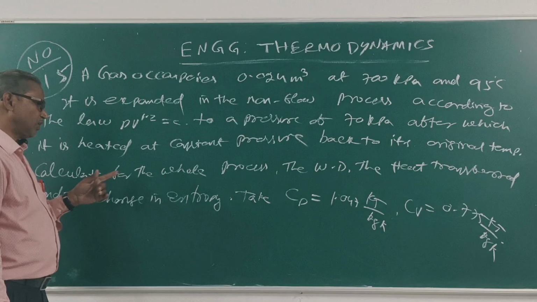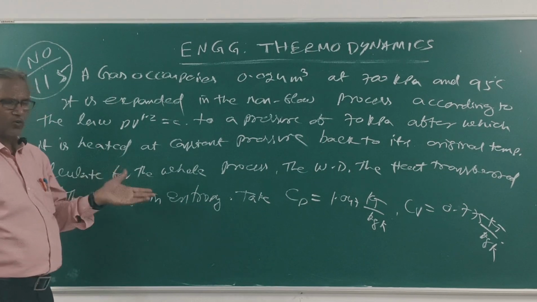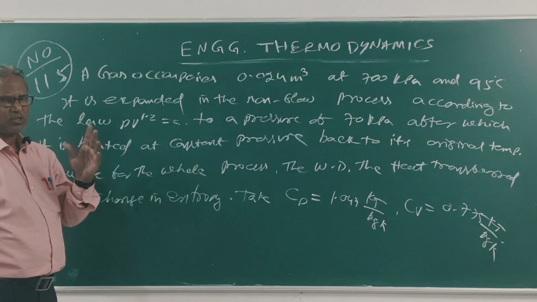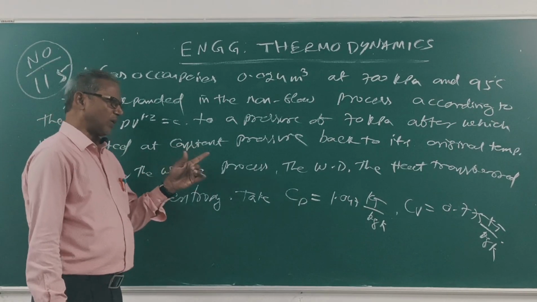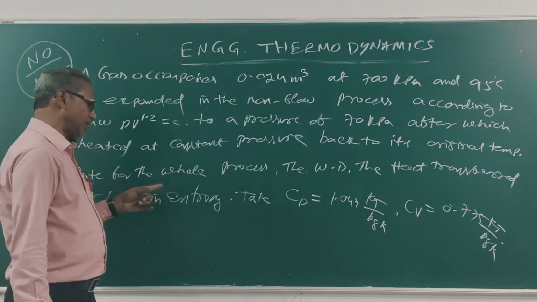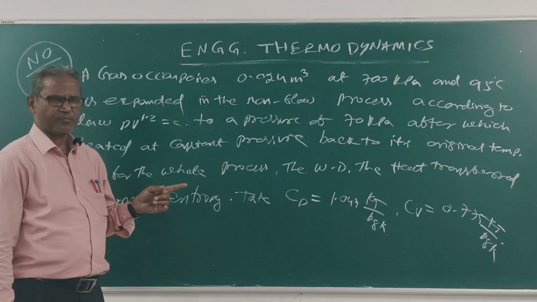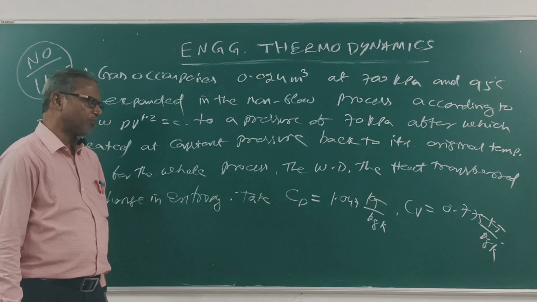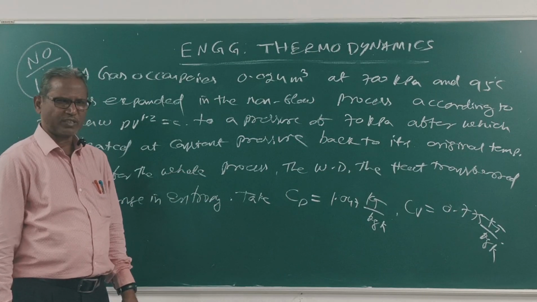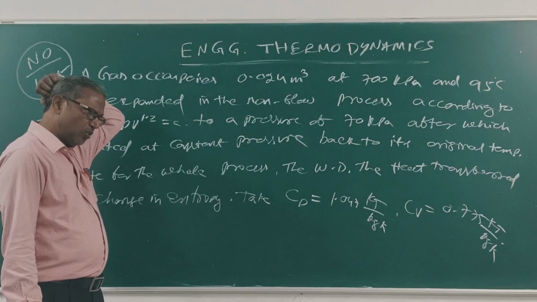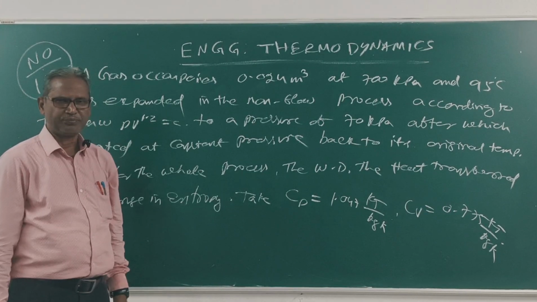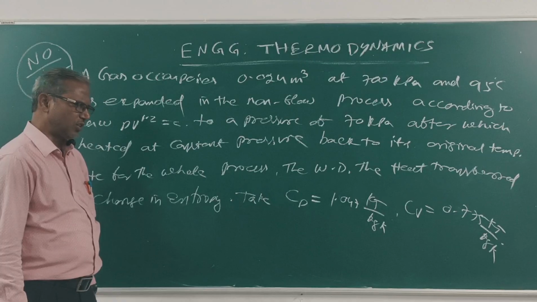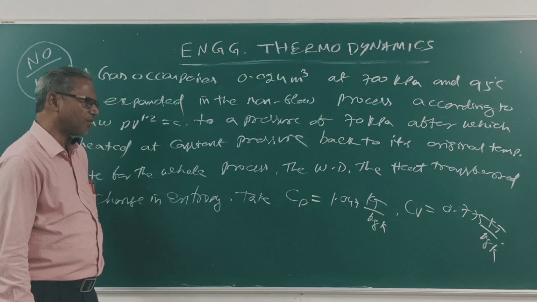Find for the whole process, meaning process 1-2 plus process 2-3, the total work done, the heat transferred, and total change in entropy. Take Cp equal to 1.047 kJ per kg Kelvin and Cv equal to 0.775 kJ per kg Kelvin. Clear? Now first draw the PV diagram.